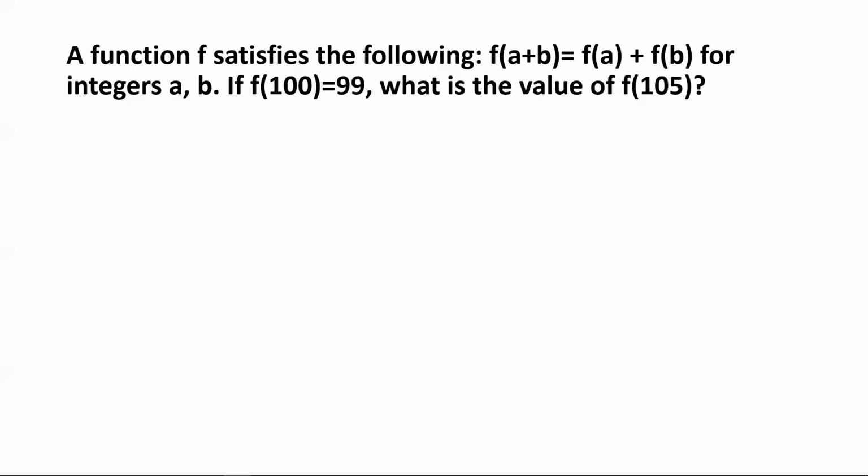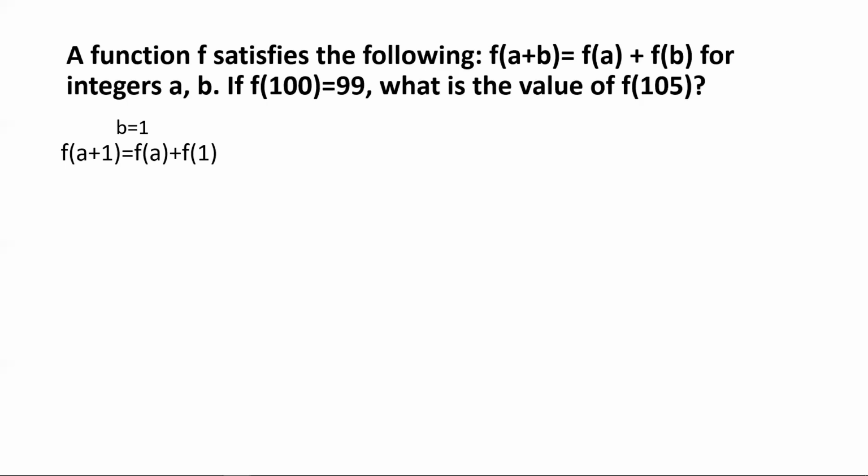So since a and b are integers, the first thing that we'll do here is, if we substitute b equal to 1, we can see how f(a + 1) would relate to f(a). What we're trying to see is, as we increment the value of the integer variable by 1, how does it change the function value?